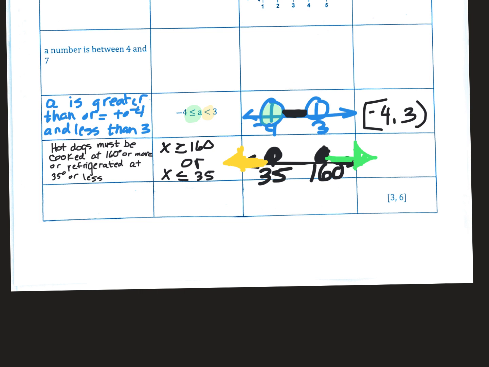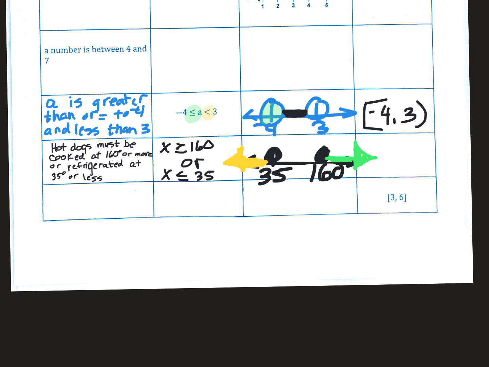So remember what I told you we were going to have to do about the interval notation. Just like you have to write two separate inequalities, you need to write two intervals as well, because you can't do them both at the same time. You can't be hot and cold together. So I'm going to do the one with the smaller one first, because that's what you do. Okay, so that interval of 35.